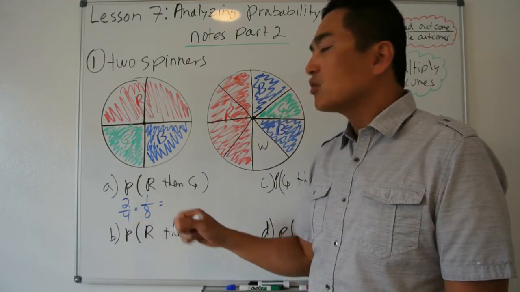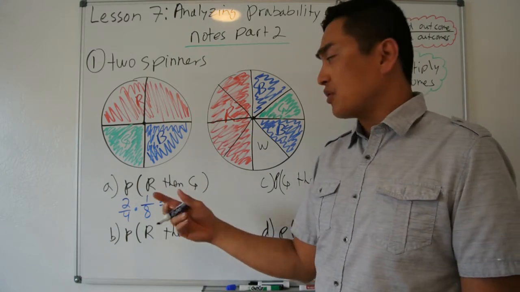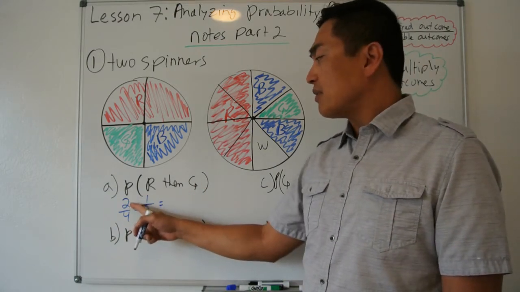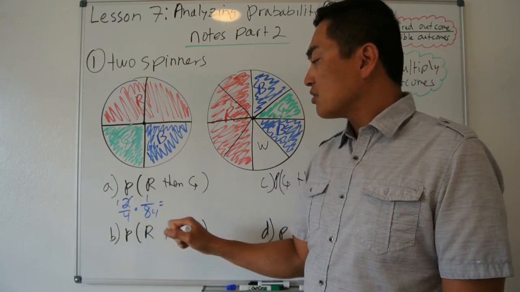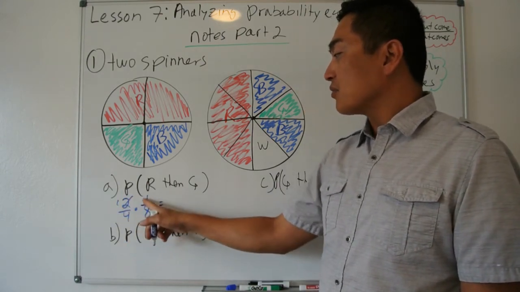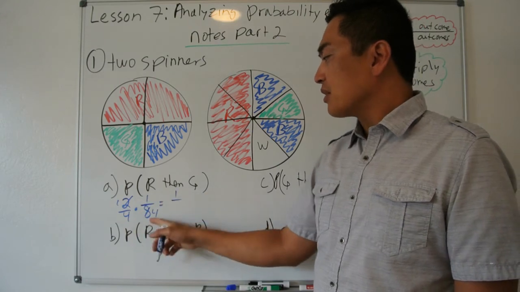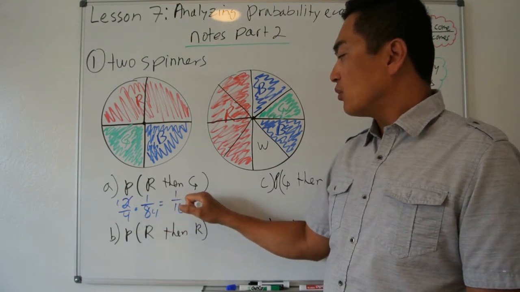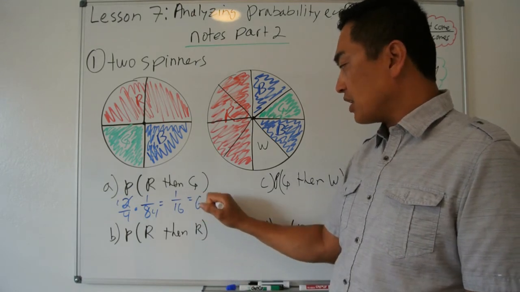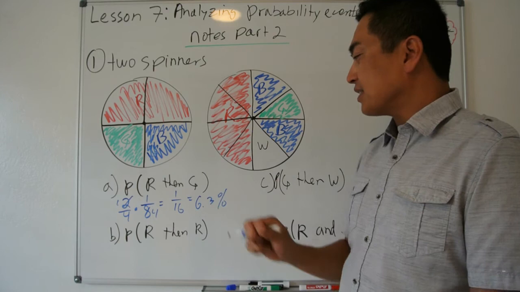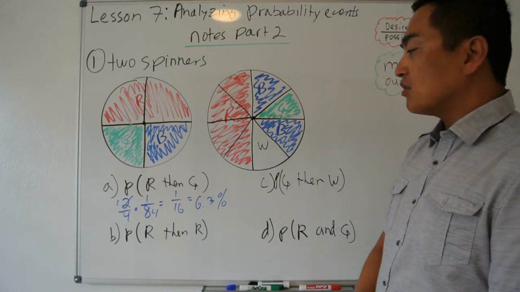Alright, you can go ahead and multiply and then reduce. I'm going to reduce first. I'm going to cross reduce, so divide by 2 will give me 1 and then 4. So my new fraction is 1 times 1. That will give me 1. 4 times 4 is 16. 1 over 16 is 6.3%.